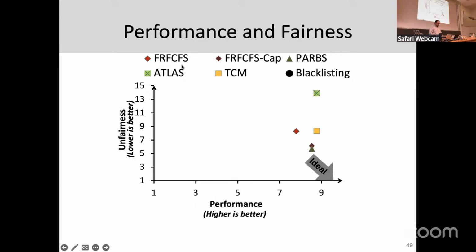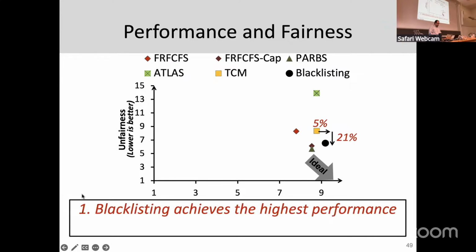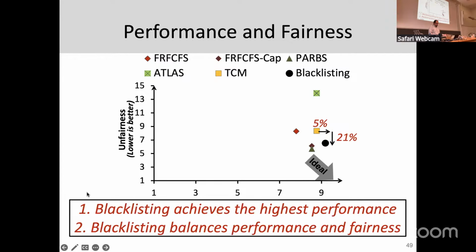So these are different techniques, but Bliss, which is this black circle, shows that it improves performance by 5% and reduces unfairness by 21%. So blacklisting achieves the highest performance and also balanced performance and fairness compared to prior work, and it is also quite simple. Okay. Any questions? So we can be simple and effective in this case.